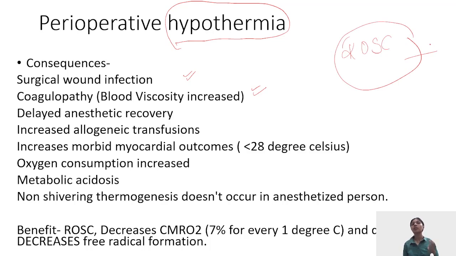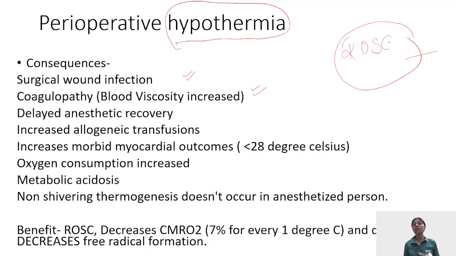If the patient revives, then the patient is kept hypothermic in order to decrease the metabolic rate and help the body to revive back. So, uses of hypothermia include return of spontaneous circulation. Plus, hypothermia helps to decrease the cerebral metabolic rate by 7% for every 1 degree Celsius decrease.